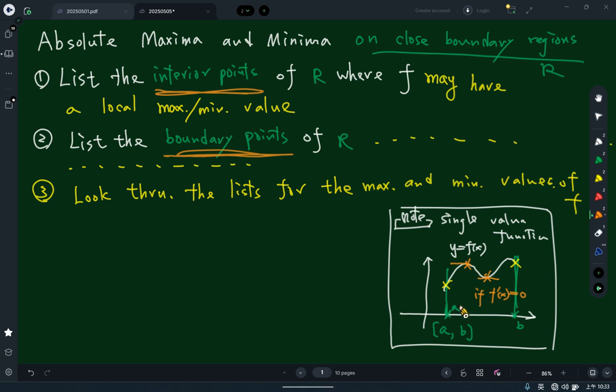Just like here, for a single variable function, the point which can provide the maximum value or minimum value could be the endpoint or the interior point, which satisfies that these 2 points are the critical points. The endpoint is also a candidate. Then finally, just read through for the maximum value and minimum value.